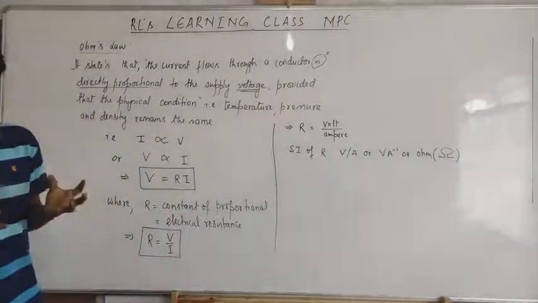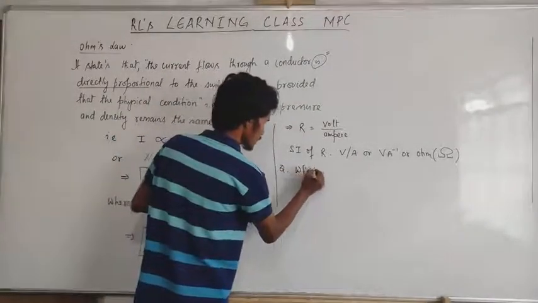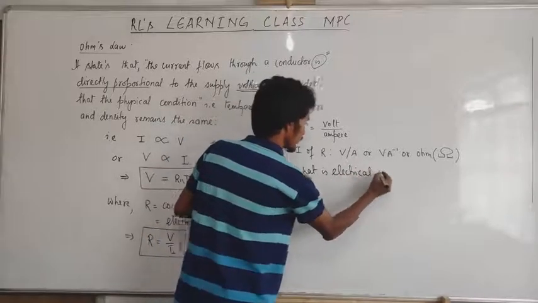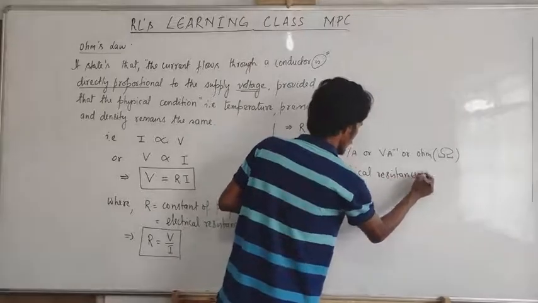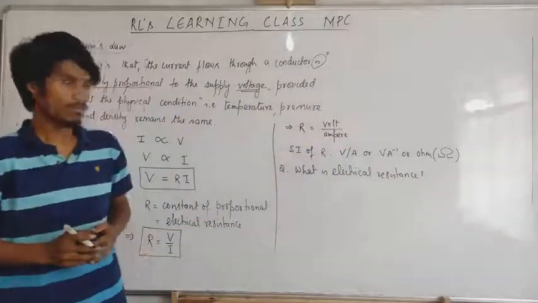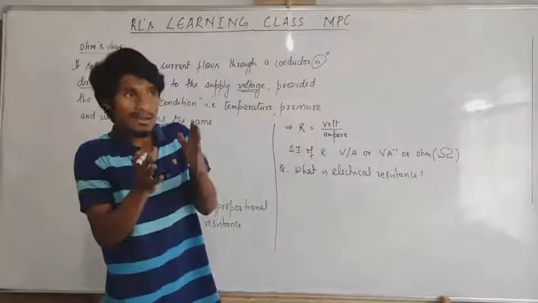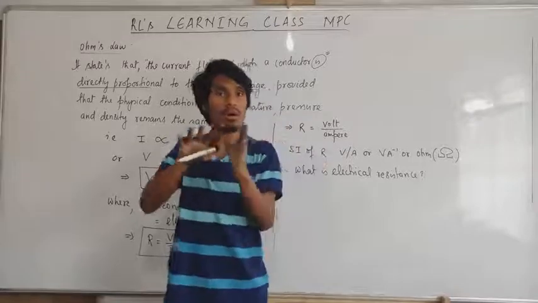Now what is electrical resistance? I can give you a question. What is electrical resistance, or what is resistance? I already told you just now, it means the opposing of the flow of current.